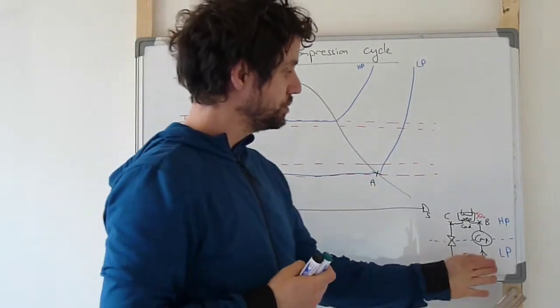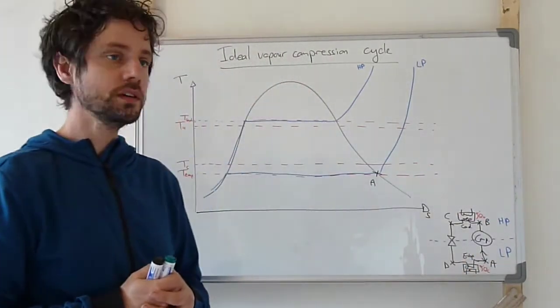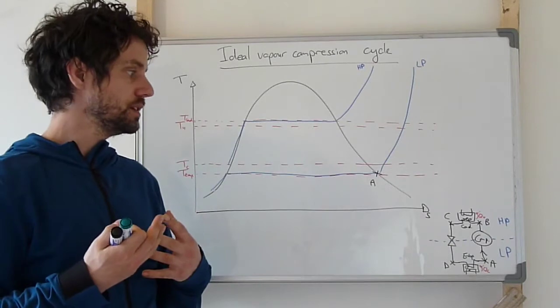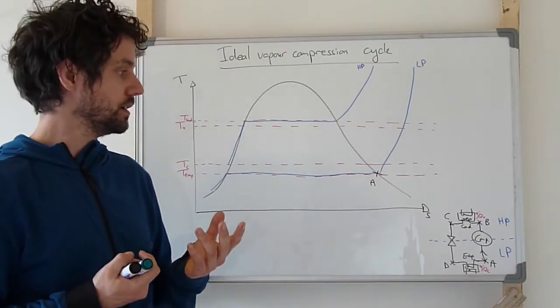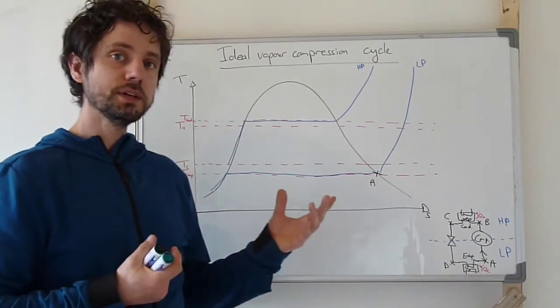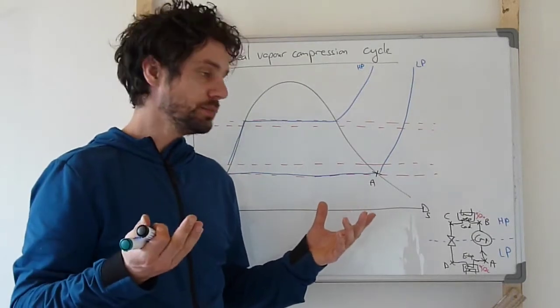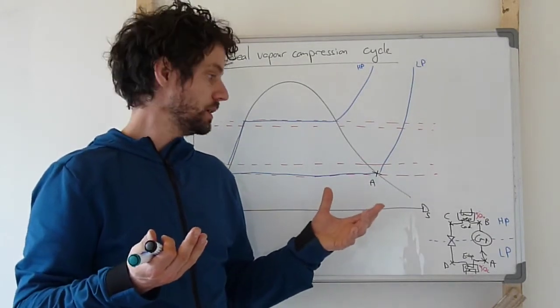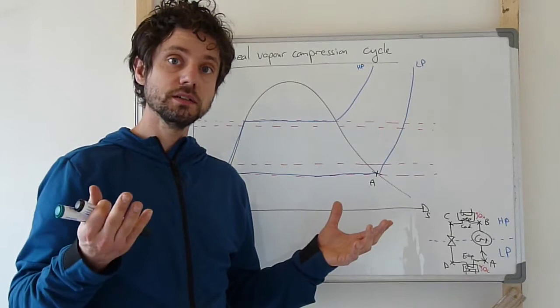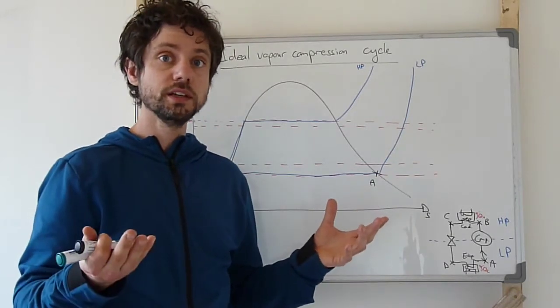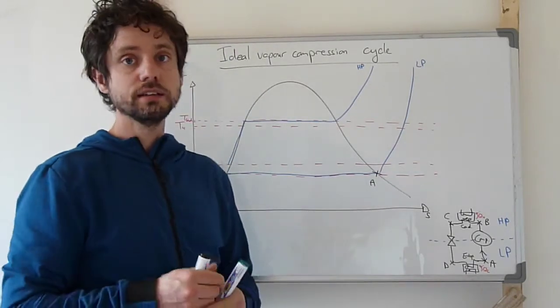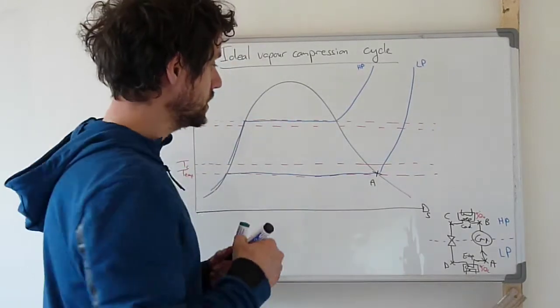Then from A to B we have compression, and if we can consider the compression as being adiabatic and reversible: adiabatic, there's no entropy exchange; reversible, there's no entropy creation, so it would be an isentropic transformation.